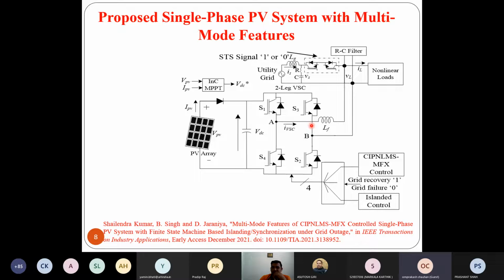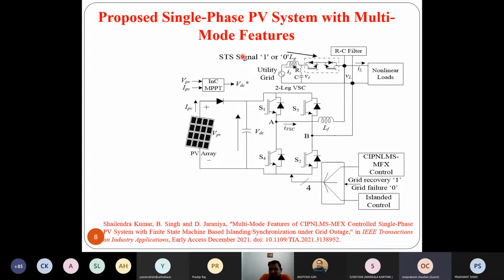So active power, if we have extra active power, it will be injected. At the point of common coupling, we have this VSC connected, we have a load connected, we have an RC filter, and grid is also connected through a combination of switches. So this is the novelty in this system.